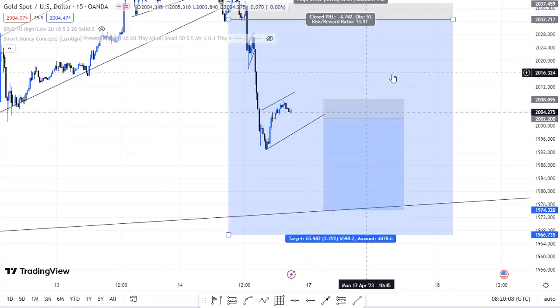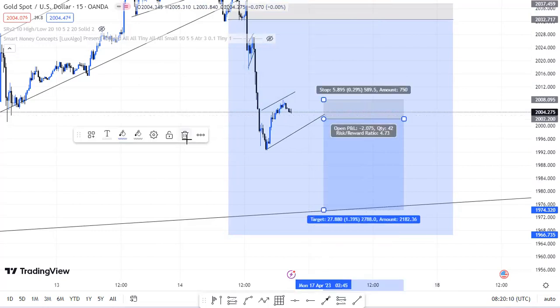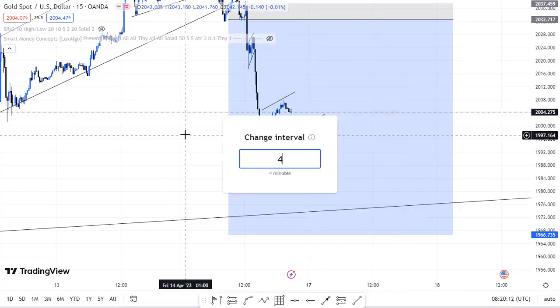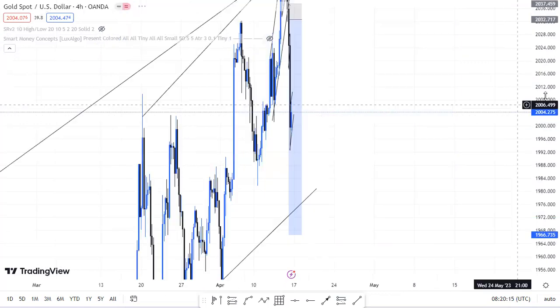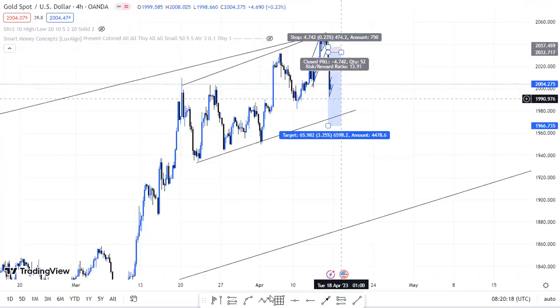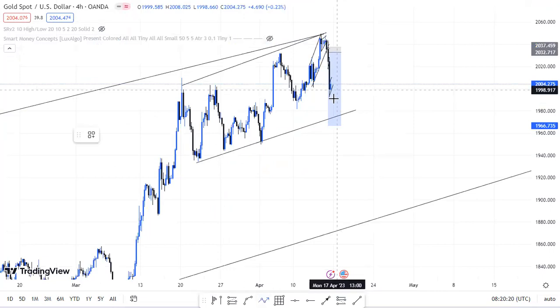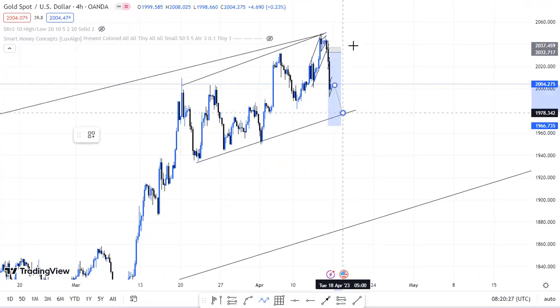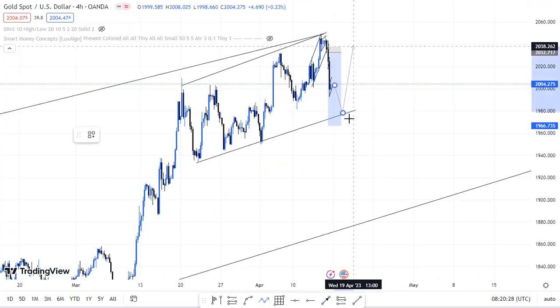Okay, so I hope you see the bigger picture, but the bigger picture is actually more exciting because we are looking for price to break from this level. But remember, we're on an uptrend, so price might just go down here, retest from this level and go back up. But that's not what we hope for.